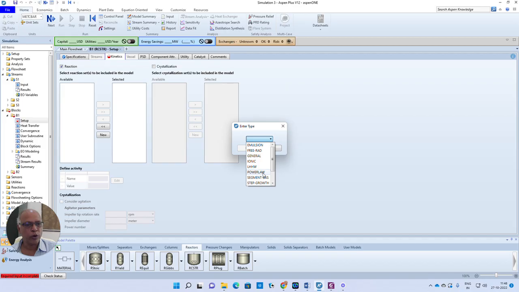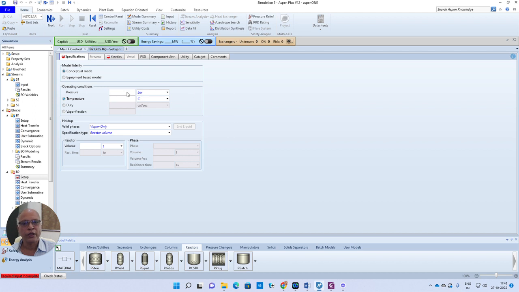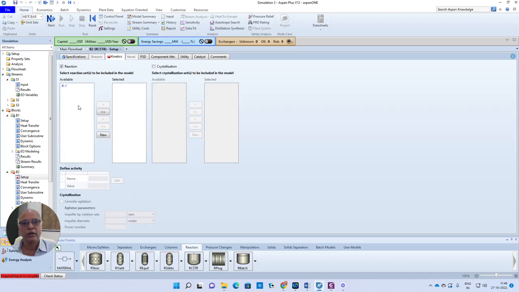And I am choosing the power law model because it is a first order irreversible reaction. So next, similarly you define the conditions for the second reactor as well, which are similar to the first reactor. Again, I am assuming the volume as 10 liters. Next. So I will use the same reaction.